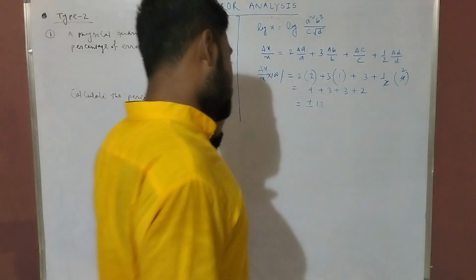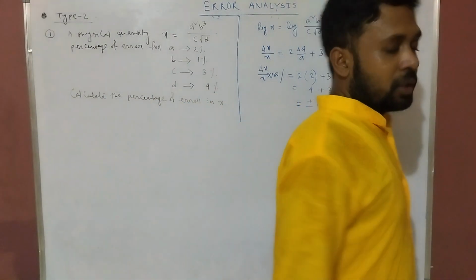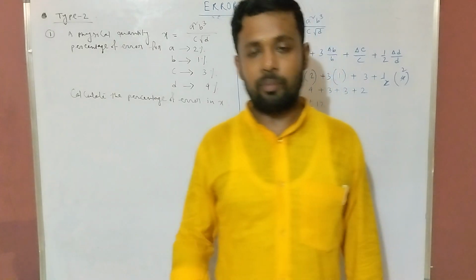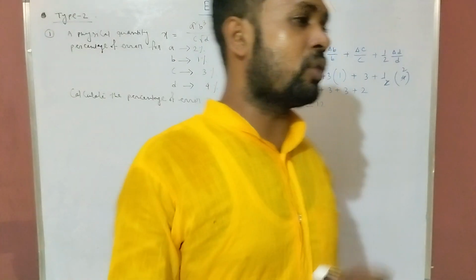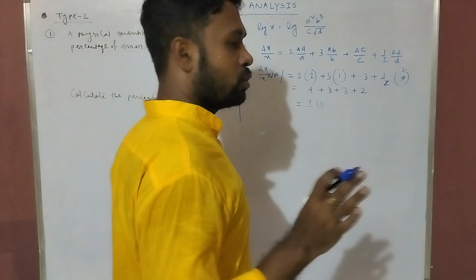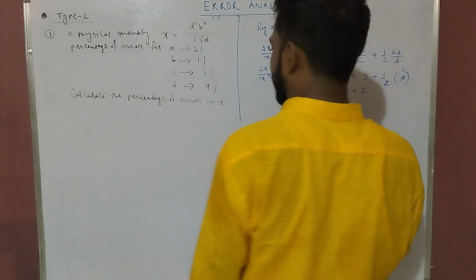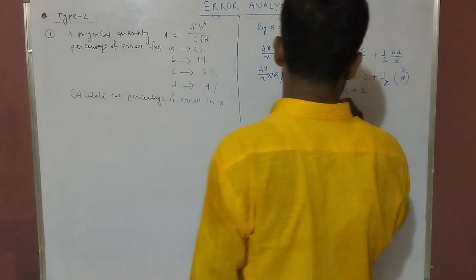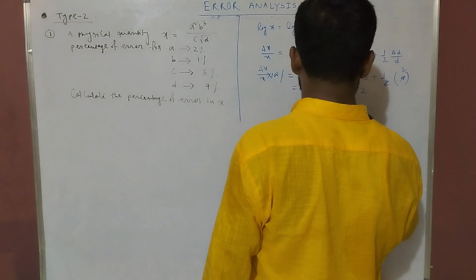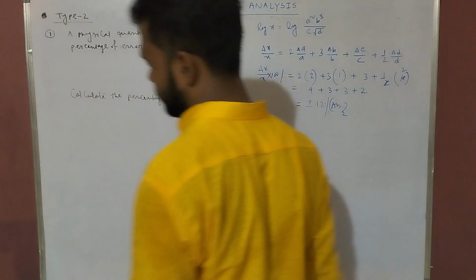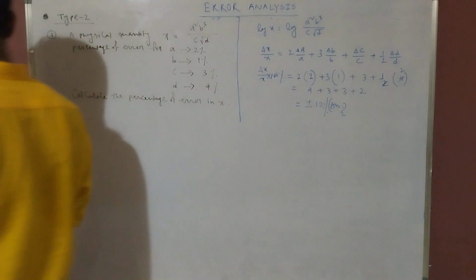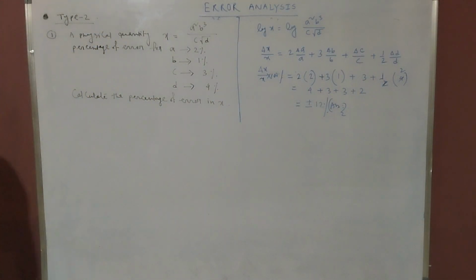Plus or minus means the value is more or less than the original value, but the error is always positive. Understood or not? Errors are always positive, mind it. So this is the answer. Obviously it is in percentage. So this is type 2.